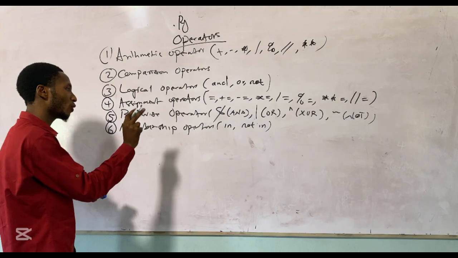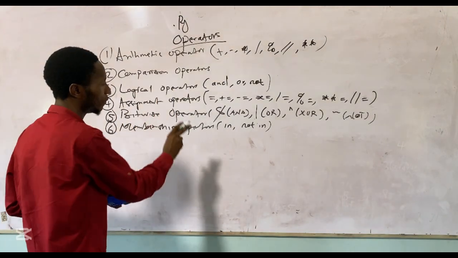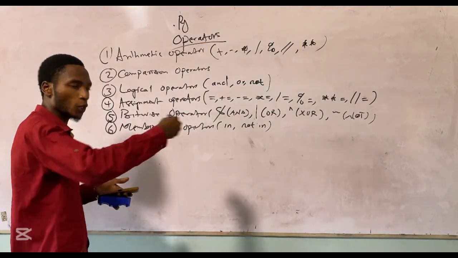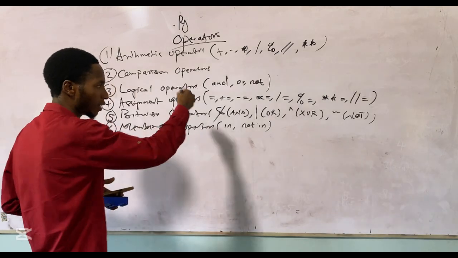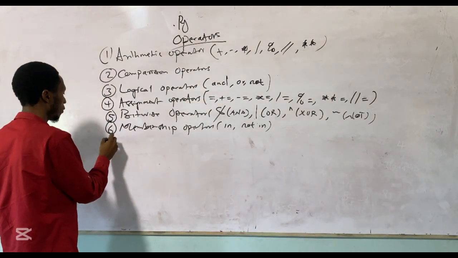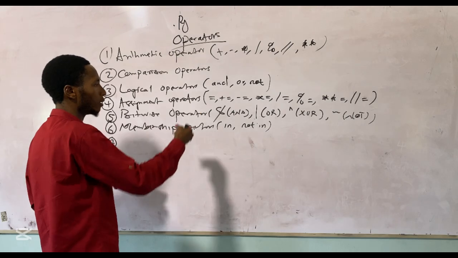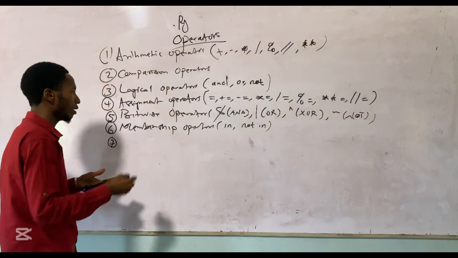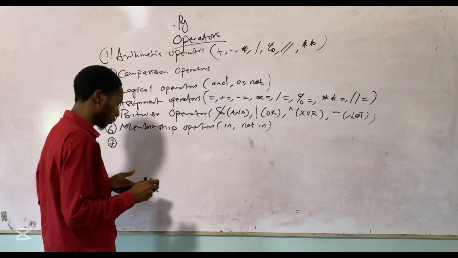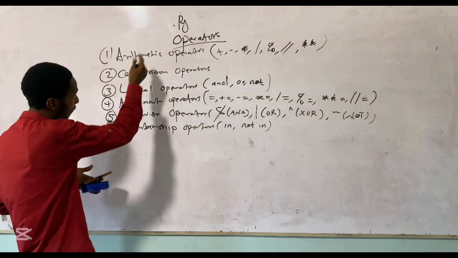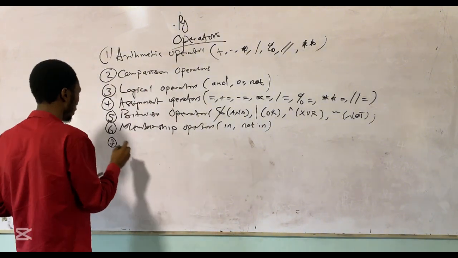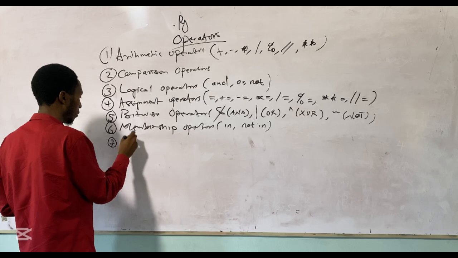So please just take note, don't panic. In our subsequent classes, we will utilize each and every one of them, and we'll understand more while doing real life code. Just understand that we have these operators in Python. That's the main idea of the class.